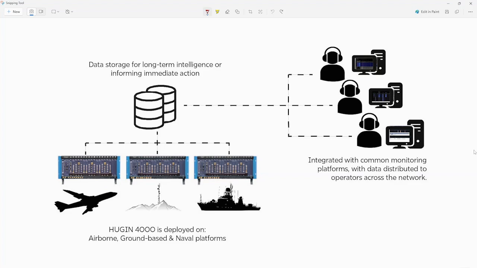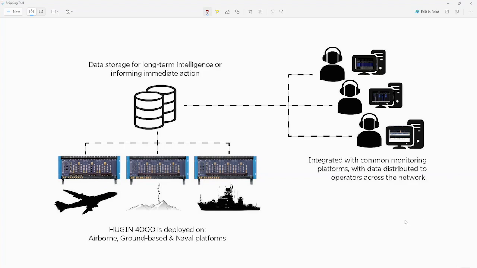And then that data can be fed to multiple operators who may be far from the deployed system locations, who can listen in, using various tools or listening in on various frequencies, and that data can be passed to them across the network.